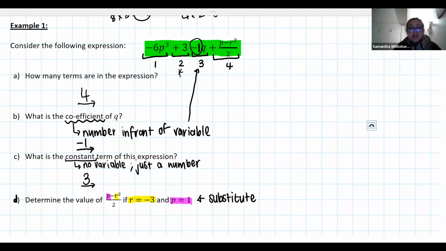My suggestion, when you are substituting, use brackets because it just reminds us of what operation needs to occur in order for us to find our answer. I'm sort of liking what I'm seeing so far. The only thing I'm going to say is double check your signs. I'll give you 30 seconds and then we're going to have a look.